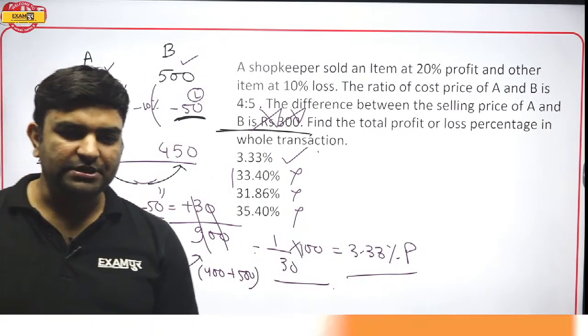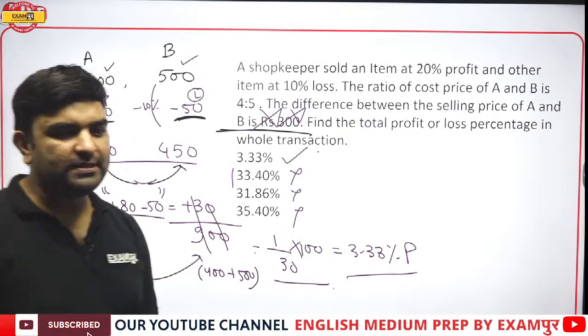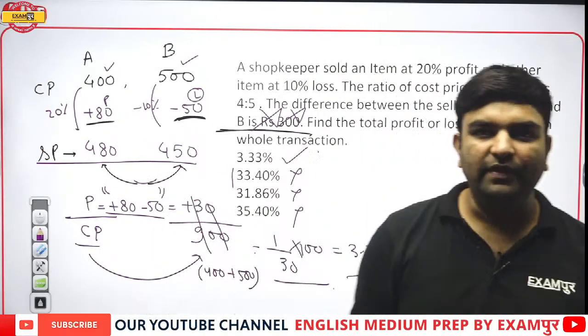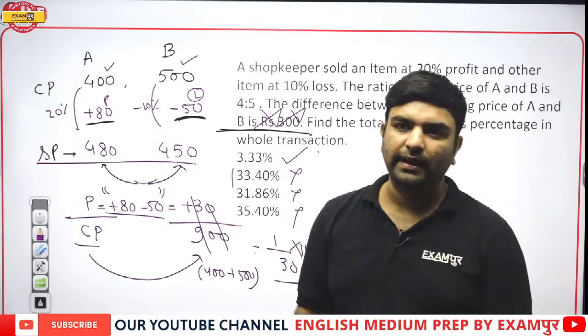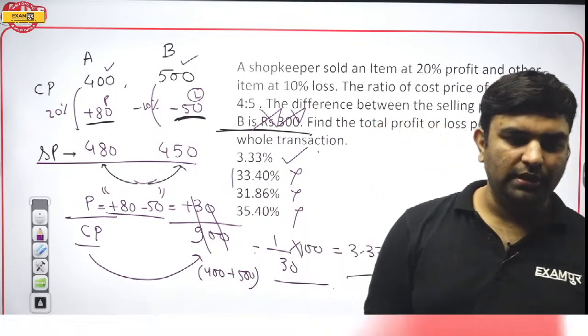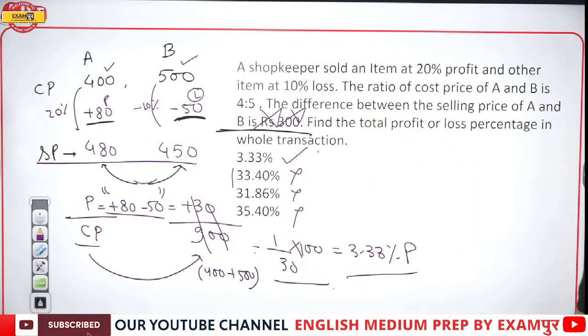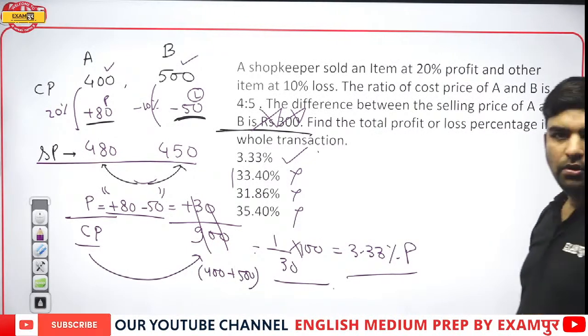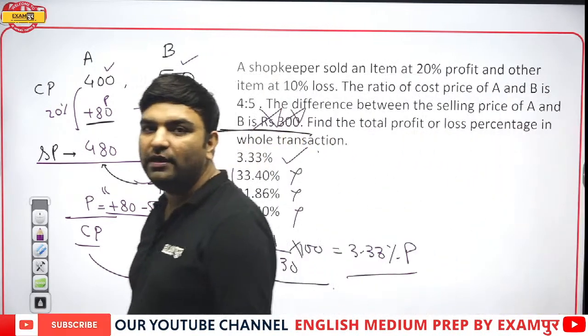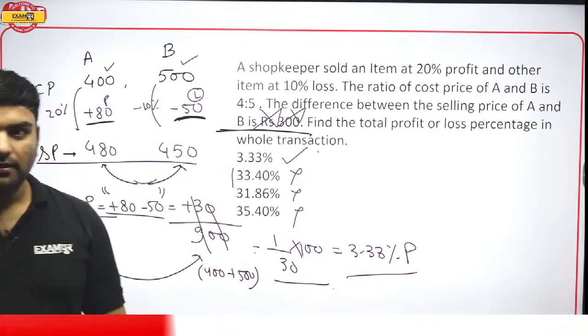Actually, in mathematical study, whenever the profit or loss percentage is required, even if you know only the ratio of CP and SP, that is sufficient. Their actual values are not required.